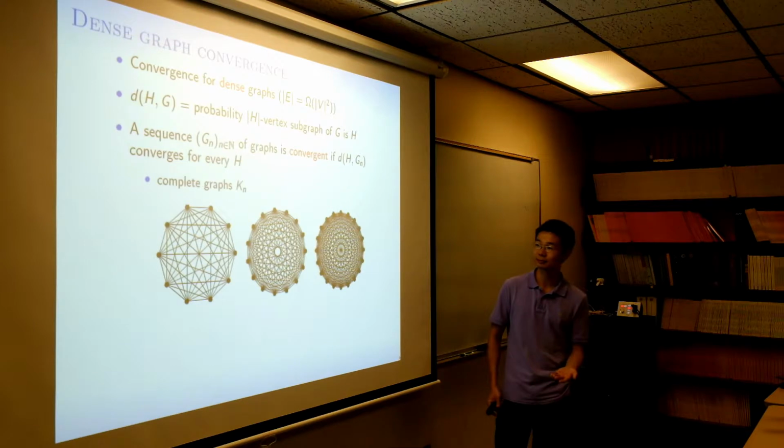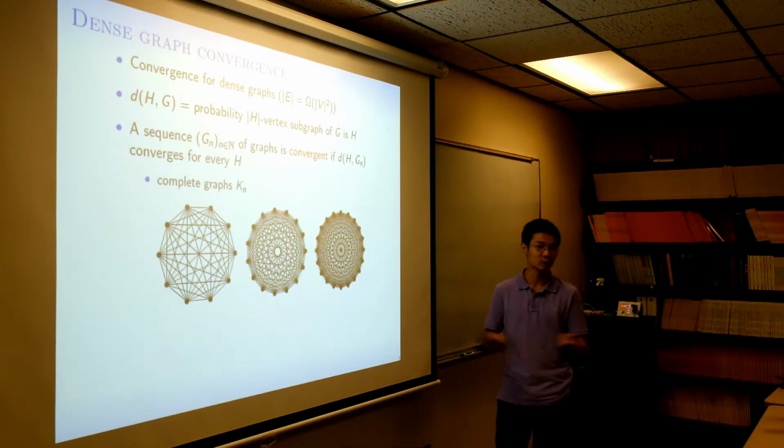You can check it yourself. You look at the graph H. If H is not a complete graph, then the induced density is always 0. And if H is a complete graph, then it's always 1, as long as the complete graph is larger than H, right? So it converges.